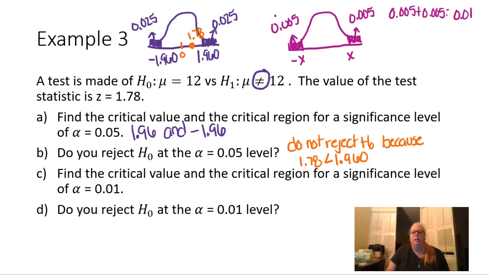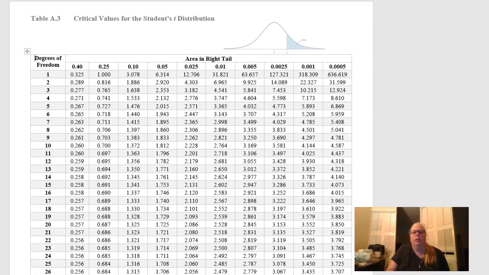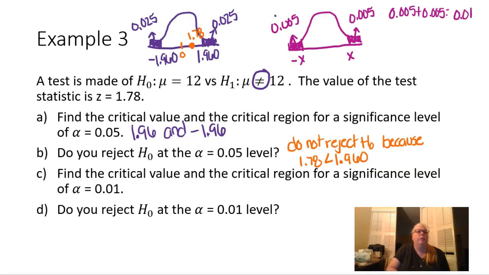All right, let's pull up table A3. We are looking for 0.005. That's right here. This is the 1, 2, 3, the fourth column from the right. That's going to give me 2.576 as a critical value.